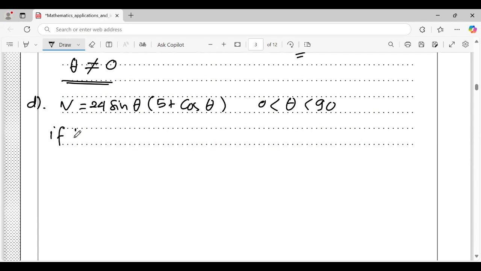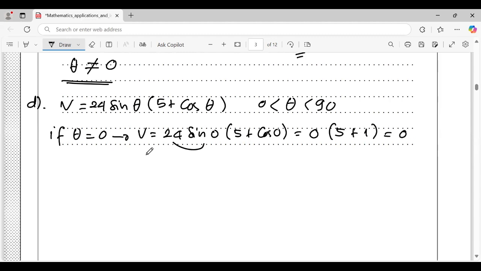If theta equals 0, the volume equals 24 sine 0 multiply 5 plus cosine 0. This is 0 times 5 plus 1, so equals 0. So the coordinate point is 0, 0. This is the origin, so this graph will start from the origin.